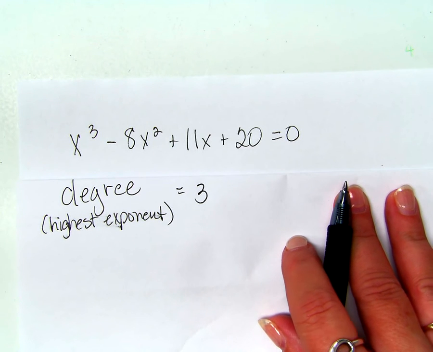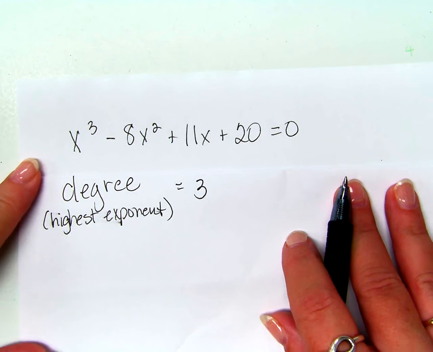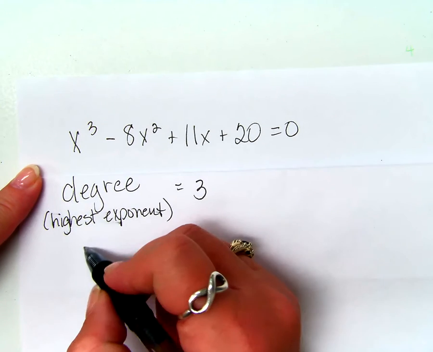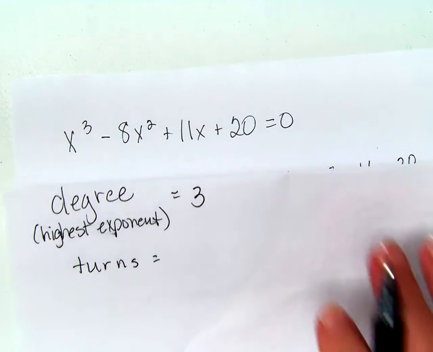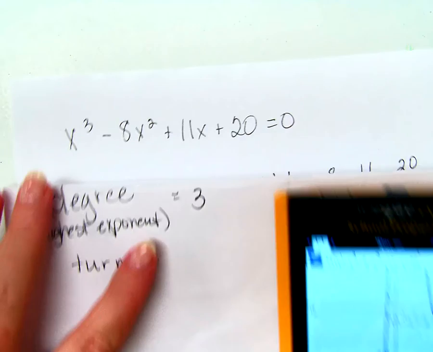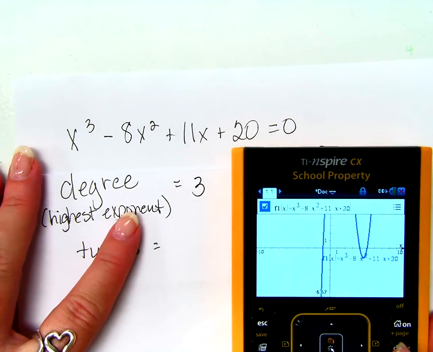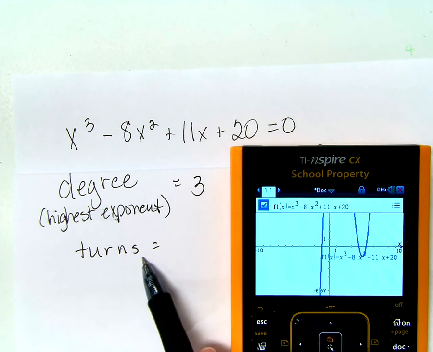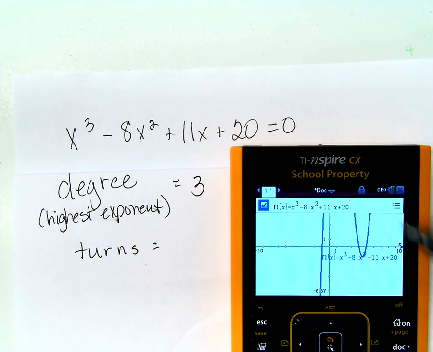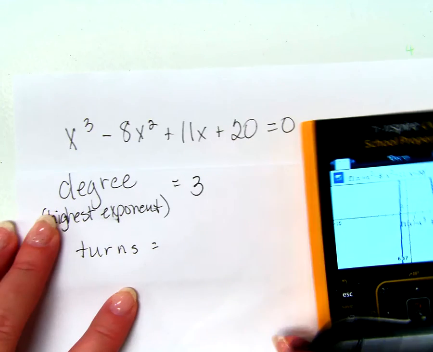Okay? We also need to talk about the number of turns this particular graph has. Now, later on, you're going to be able to tell me how many turns it is without looking at the graph, but let's pretend we can see the graph for just a second. Now, you can't see where it goes up here, but we can assume that it comes back down at some point, right? How many turns does it have? How many changes of direction does this graph have? Two turns, okay?